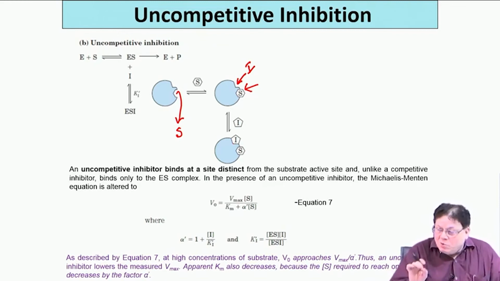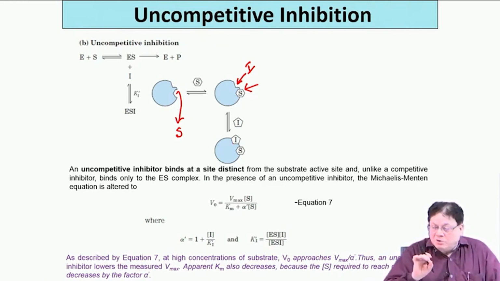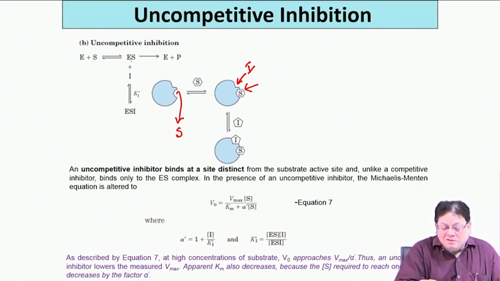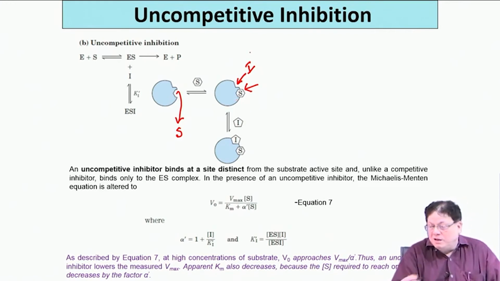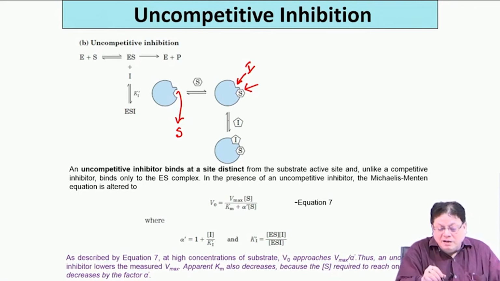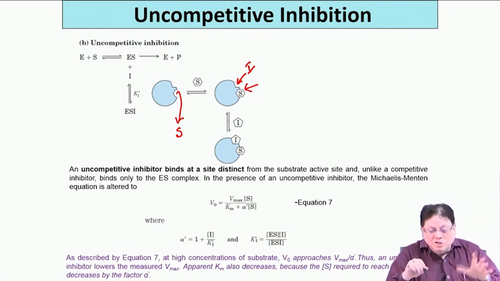So, the inhibitor has to wait, it cannot bind straight away to the enzyme. First the substrate goes and binds, and then this pocket is perfectly fitting to the inhibitor. So, the inhibitor cannot bind until the substrate binds to the enzyme.